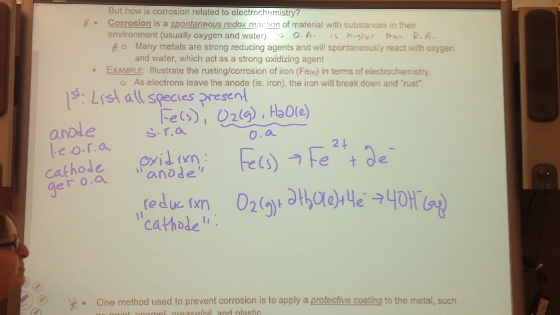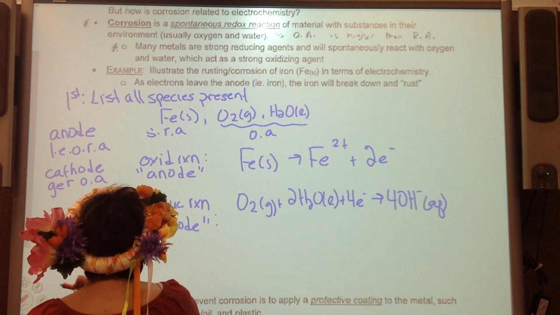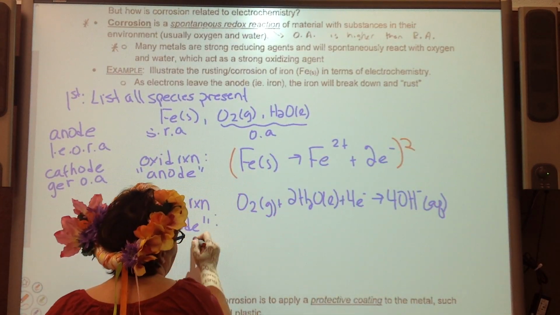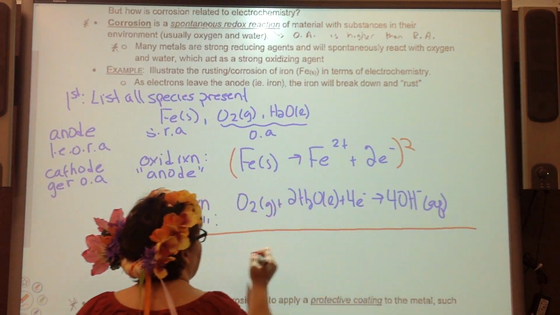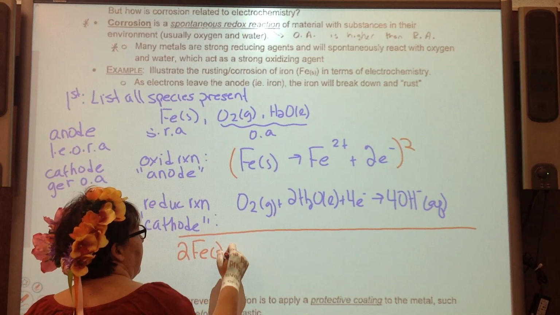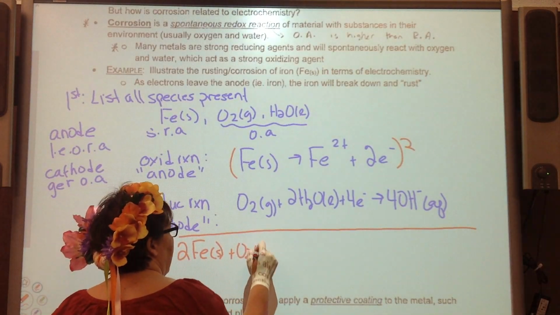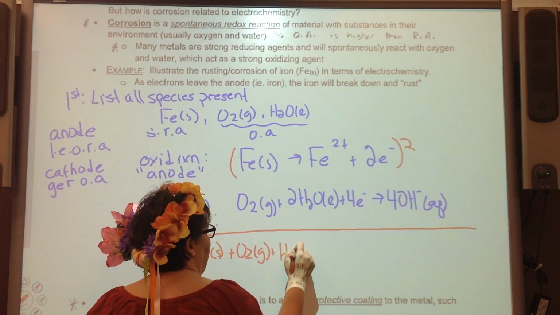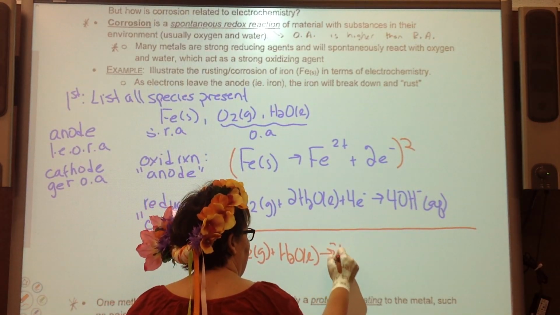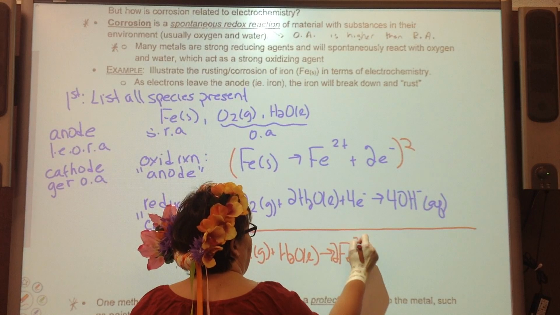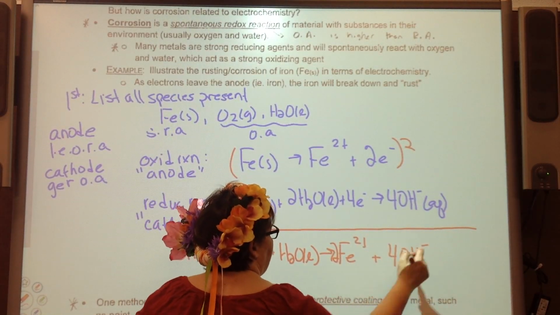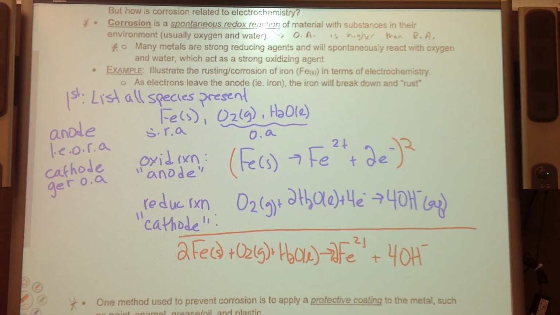So we need to be able to balance these, so we're going to multiply this one here by 2. That's our overall reaction.